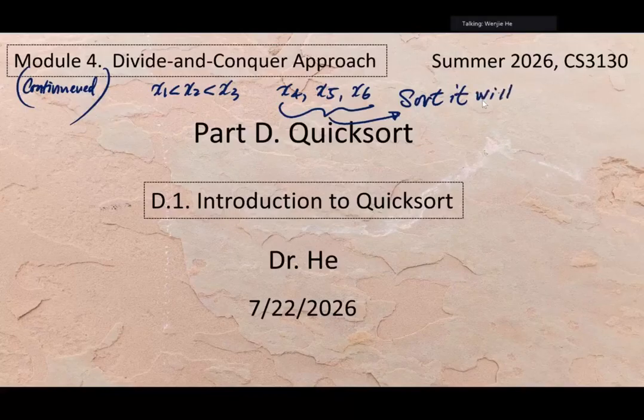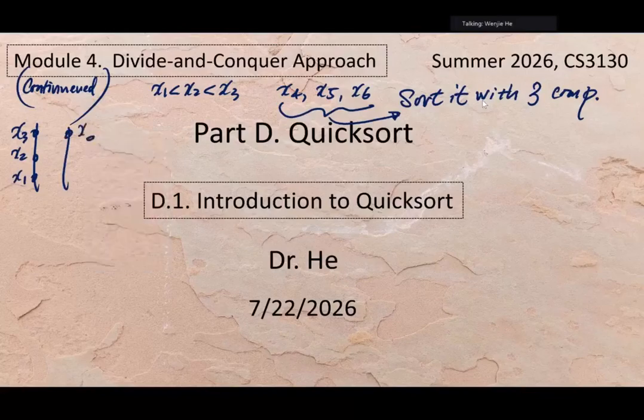We know we need three comparisons to get it sorted. After that, we have two ordered subarrays, 3, 2, 1 and 6, 5, 4, matching our typical merge situation. Then we merge.